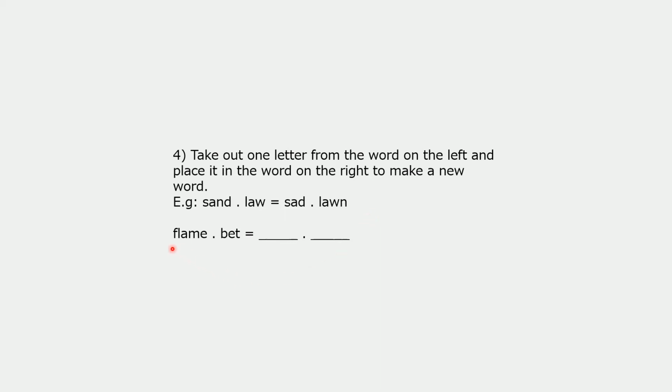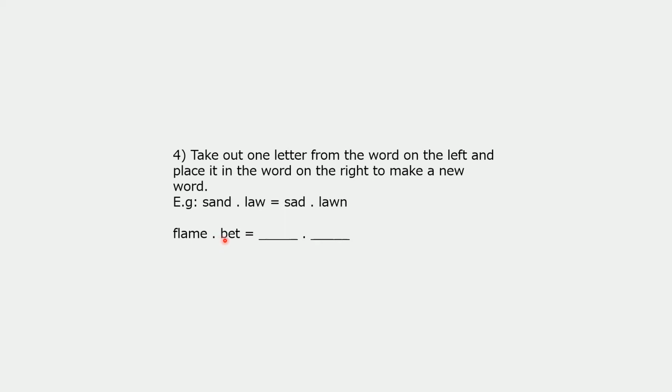What can we move from flame and put it into bet? Well, first we need to find out what words we could make if we took away one letter. So first, lame we have if we take off the F of flame. Does F fit anywhere in bet?